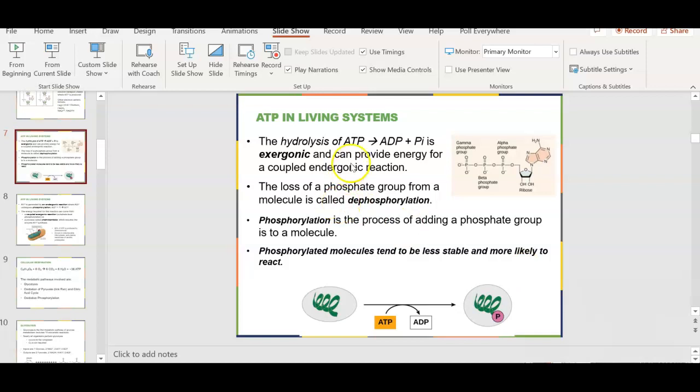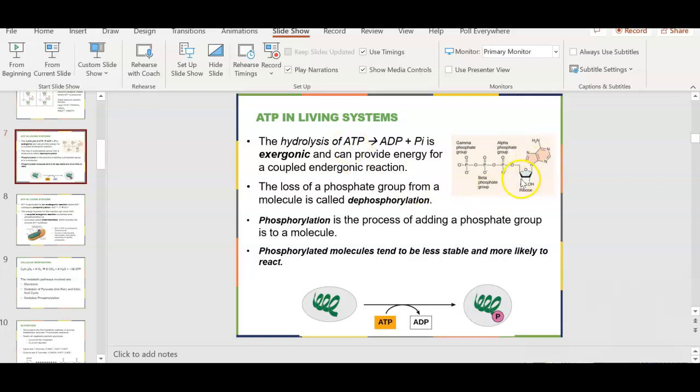The next part we talked about was that ATP, which by now you're pretty familiar with, is an energy molecule, and its structure has 3 phosphate groups attached to it. Here's its structure.